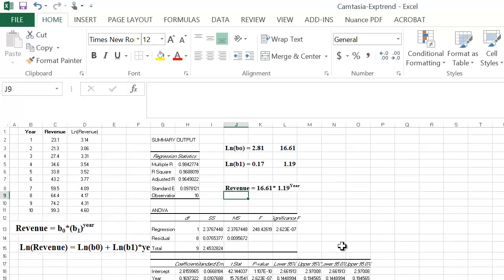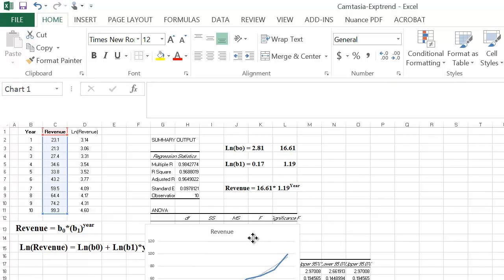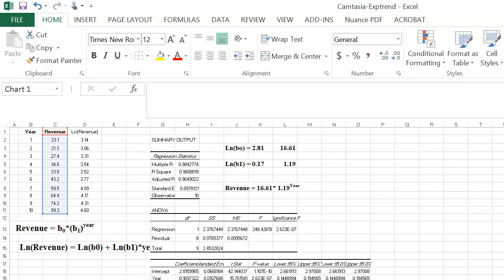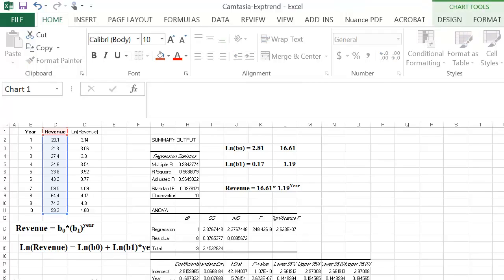So this is my exponential approximation for the nonlinear trend that was evident in the time series. Okay, and if you give me a year, so if I wanted to make a trend forecast for year 11, I would just plug in the value 11 into this expression, and I would say revenue is equal to 16.61 multiplied by 1.19 raised to the 11.